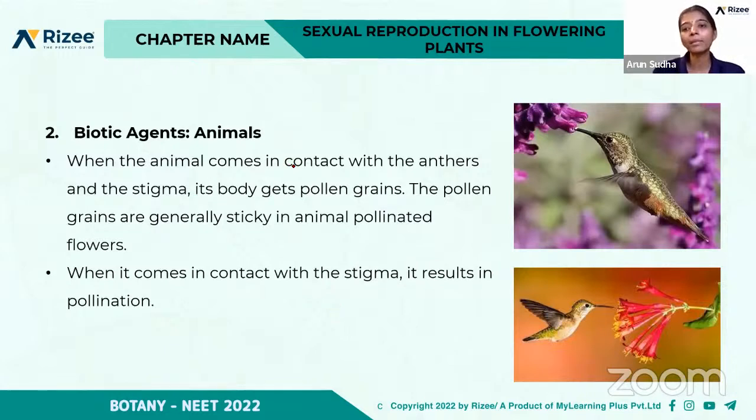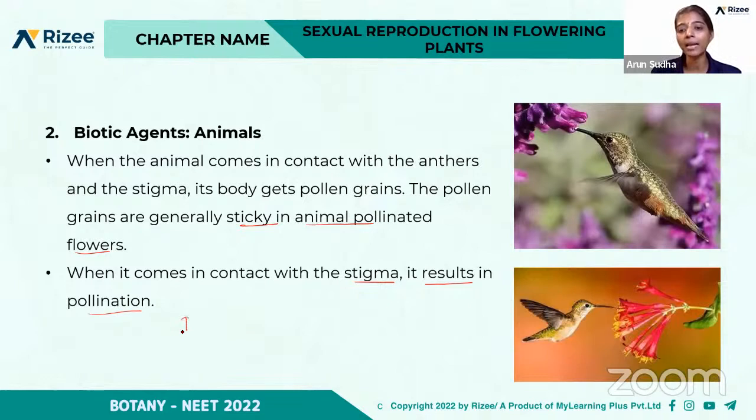So when an animal comes in contact with the anther and the stigma, its body gets the pollen grains. The pollen grains get attached to the animal's body, right? The pollen grains are generally sticky in animal pollinated flowers. So when it comes in contact with the stigma, it results in pollination. From one flower, it carries the pollen.